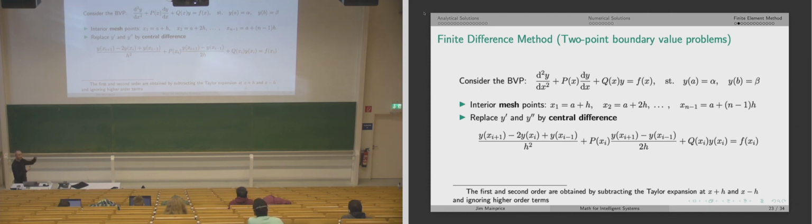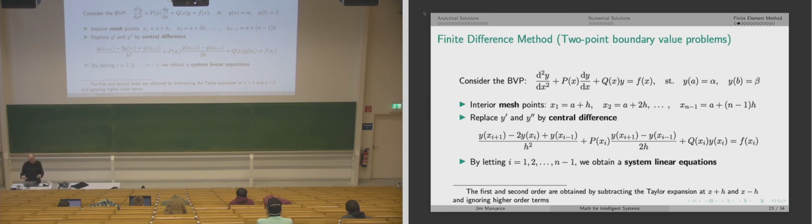If you apply this thing on top of this thing, so you have y_{i+1} minus y_i, minus y_i minus y_{i-1}, and then you compute the difference quotient of those two quantities, and what you get is this. Okay? So you have the second order derivative of the dependent variable here, and then you have the first here, and that's it. And you do that on these grid points, or on these mesh points.